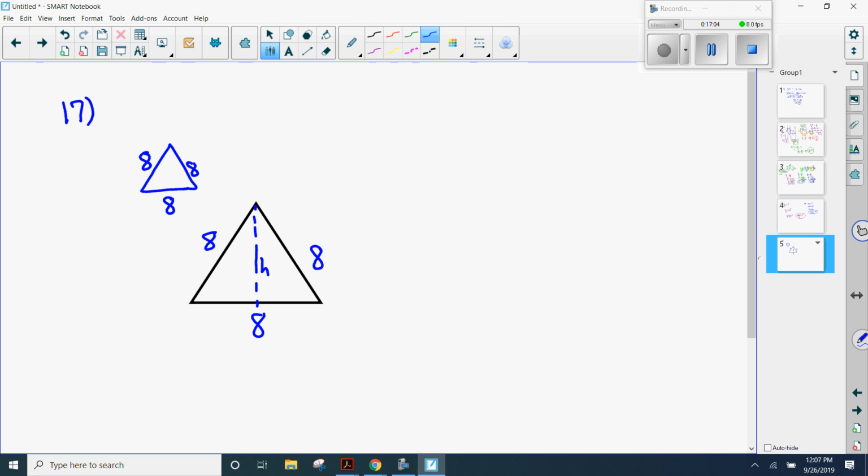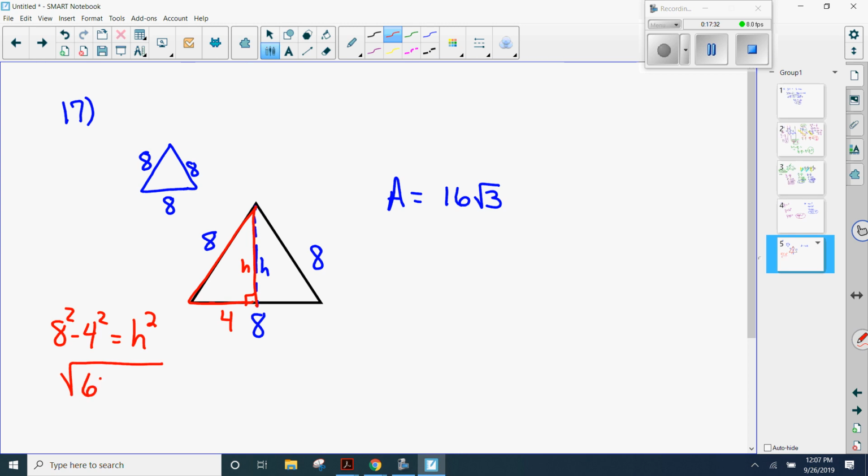And they tell you that the area is equal to 16 radical 3. That's one way you could do it. You could do Pythagorean theorem, because as you look at it, you have this triangle right here, and it's a right triangle. What's the base of that right triangle? 4. And you want to know the height. You could do Pythagorean theorem, where it's going to be 8 squared minus 4 squared is equal to h squared. So you're going to take the square root of 64 minus 16.